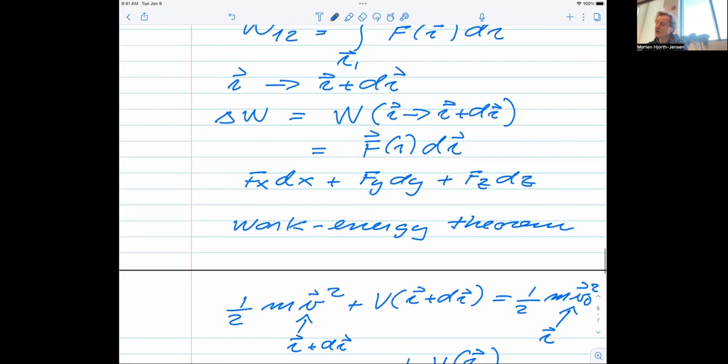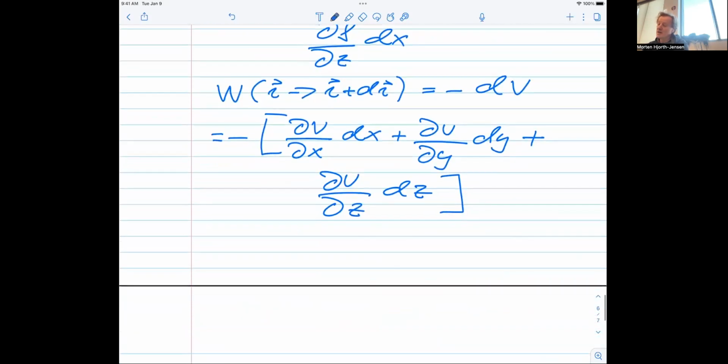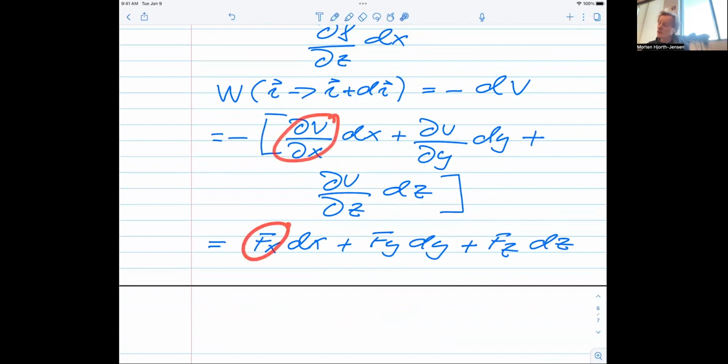So we are going to bring back these components, and we know that this is given by Fx dx plus Fy dy plus Fz times dz. Now we can start identifying, and you see that this one has to be equal to that one with a minus sign. Same with this one, equal to Fy with a minus sign, and dV/dz equal to Fz with a minus sign.